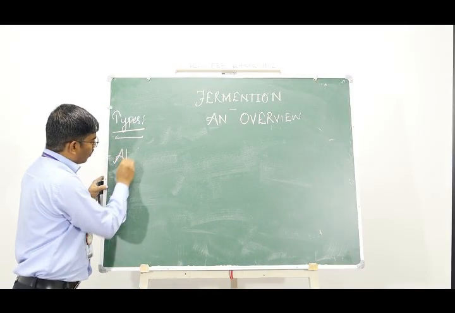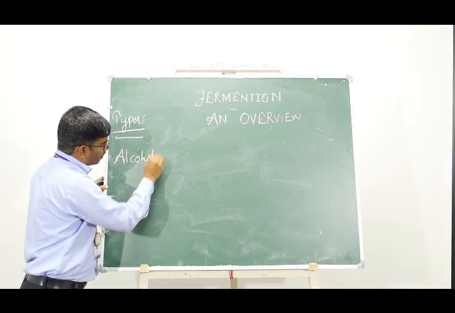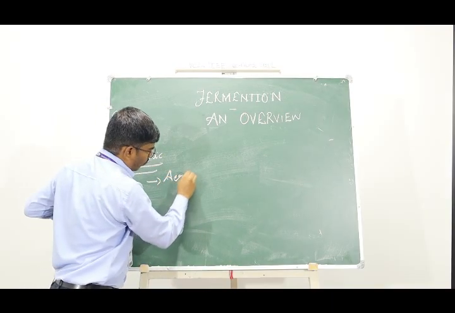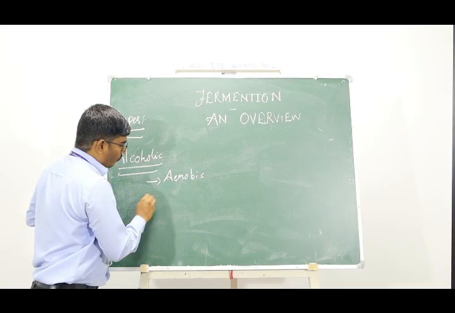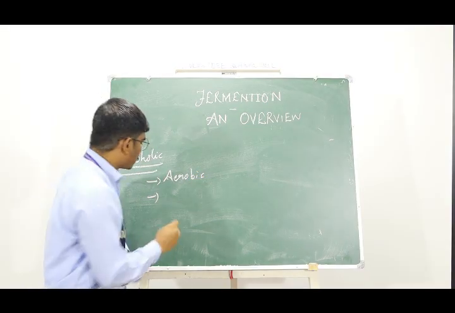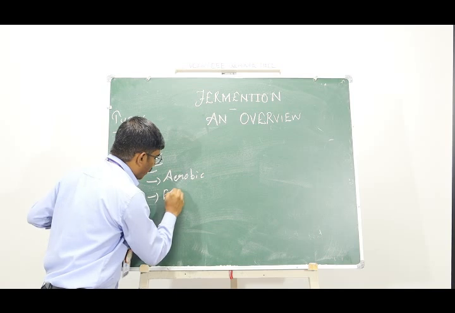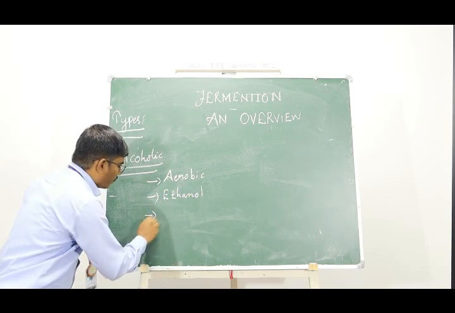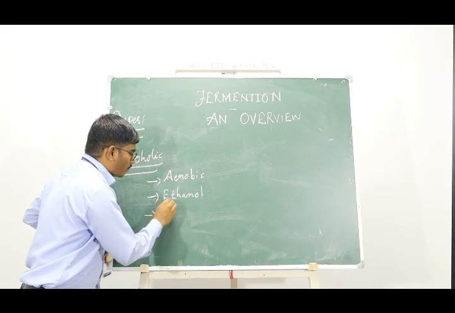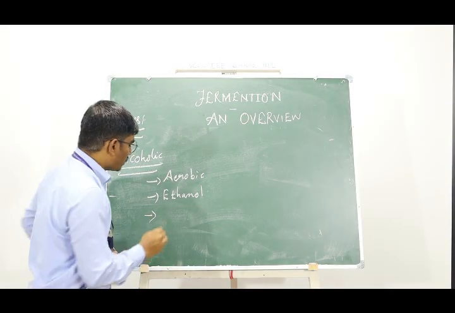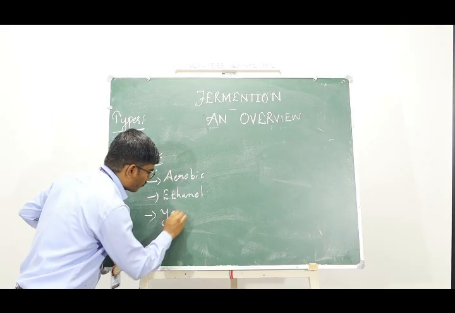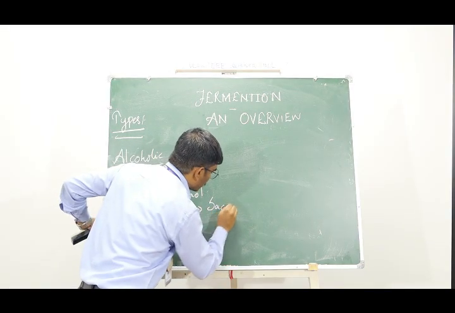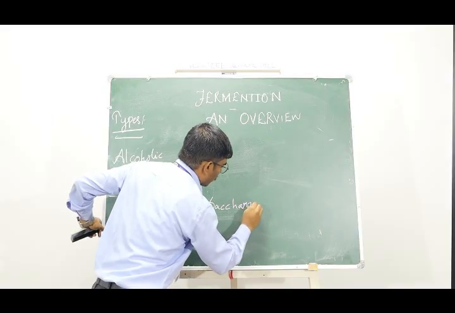As I told, the alcoholic fermentation will be carried out in aerobic process. And the product formed will be ethanol, and the microorganism involved is yeast. One such example of the yeast is Saccharomyces cerevisiae.